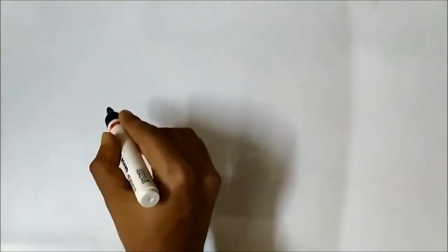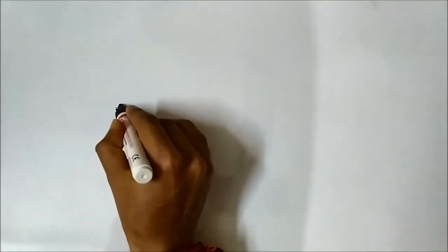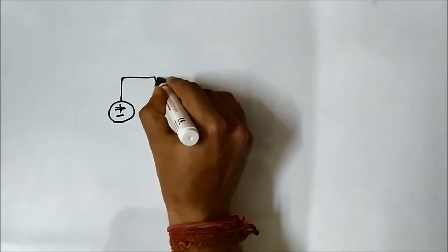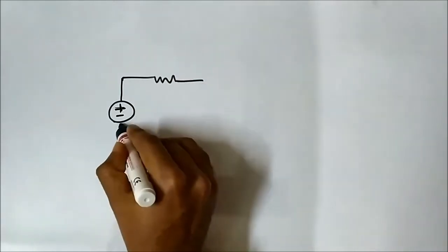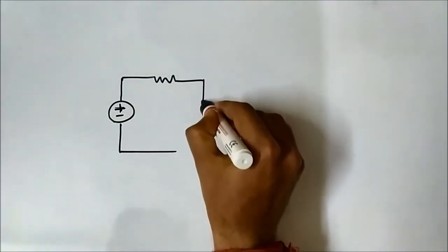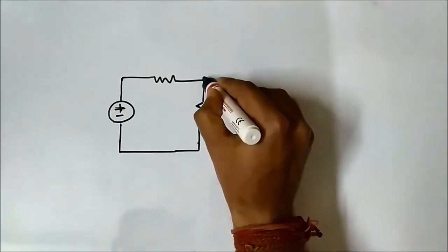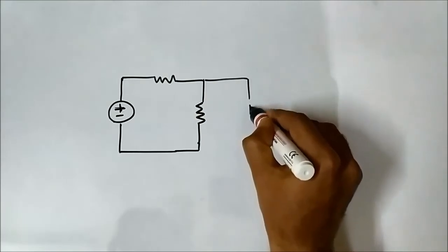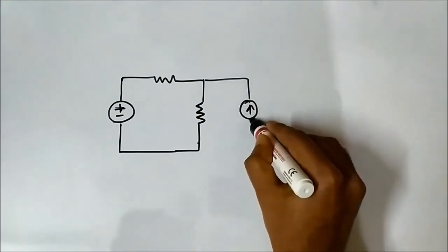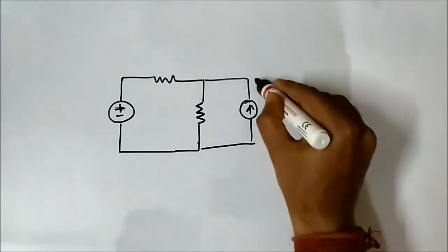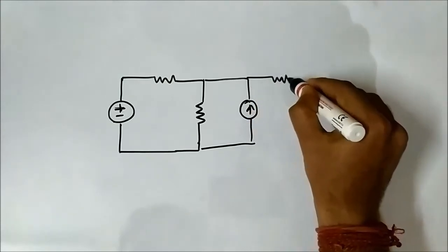Let us say we have a circuit, and we have some resistors, a voltage source, a current source, like this.